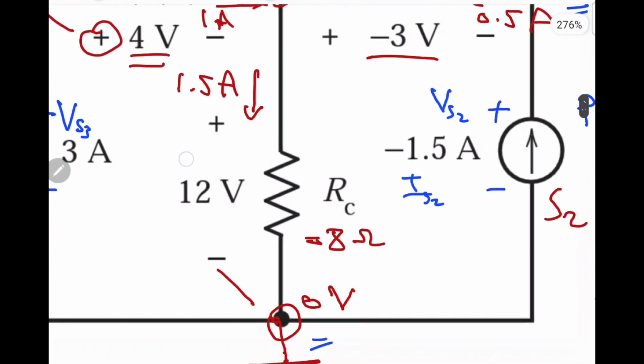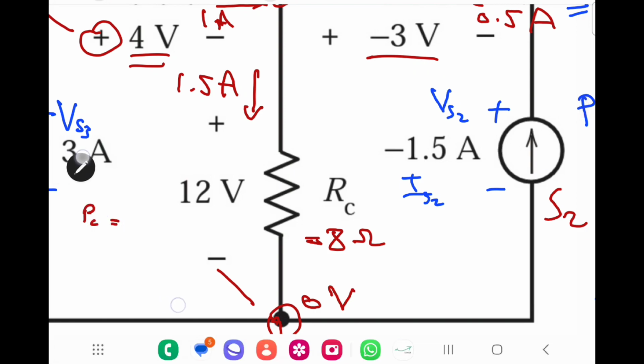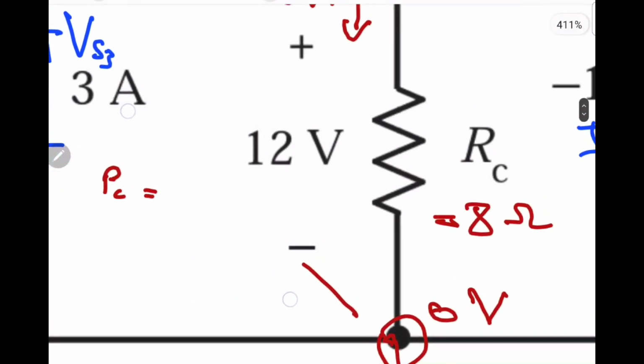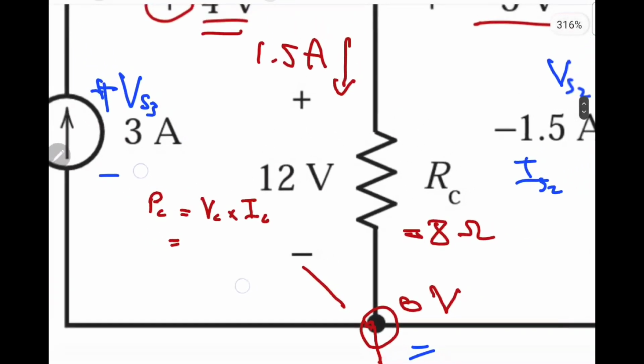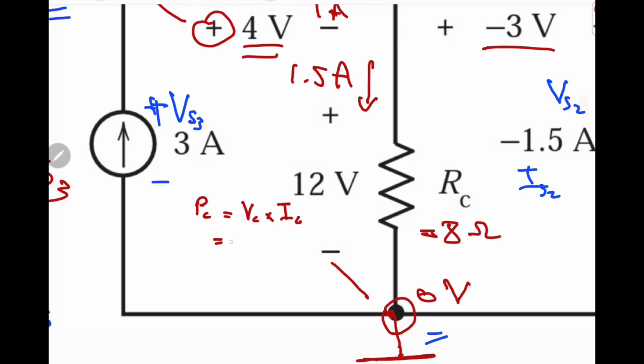The last one, RC, to calculate PC is equal to VC multiplied by IC, which is VC equal to 12 multiplied by 1.5, that will be equal to 12 times 3 over 2, and that's just equal to 18 watt.